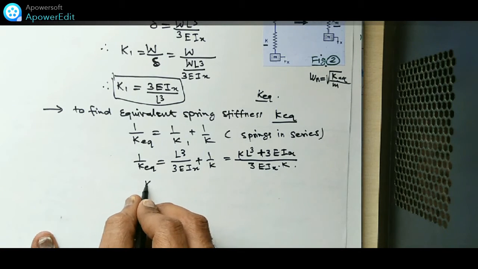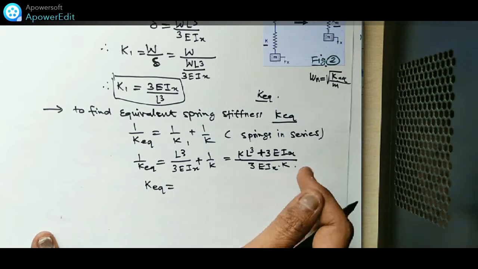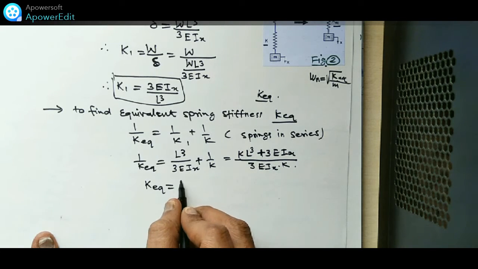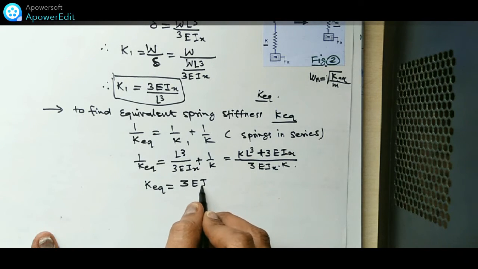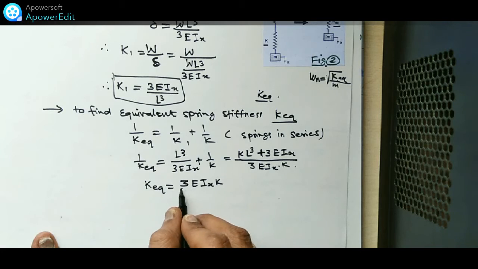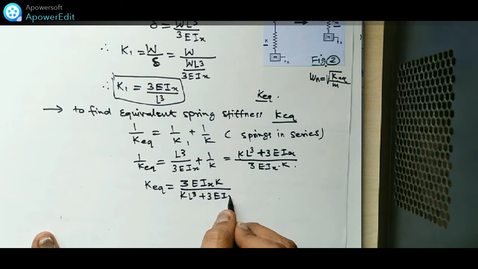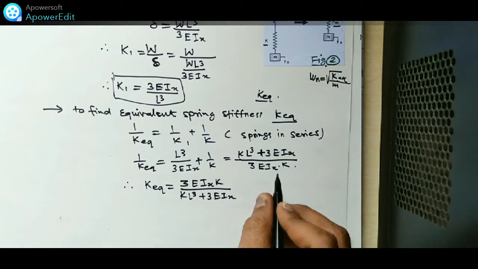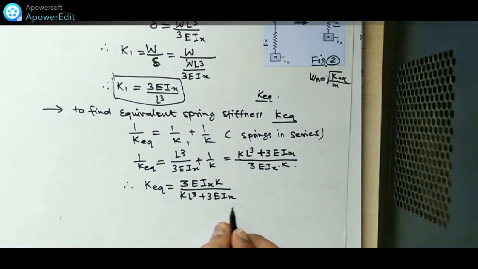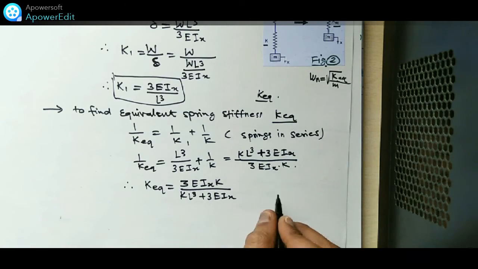So K equivalent becomes the reciprocal of this one, that is 3EIX K in the numerator, denominator KL cube plus 3EIX. Once we find K equivalent, what is the formula for finding omega n for the spring mass system?